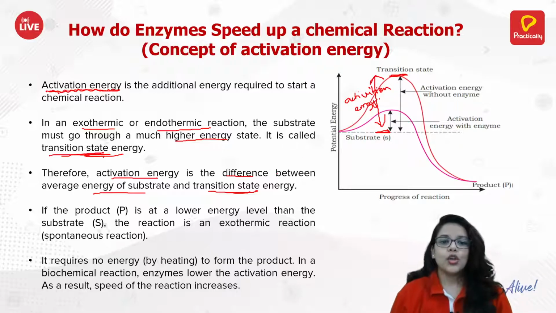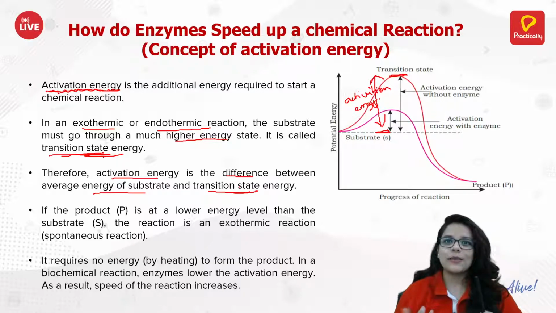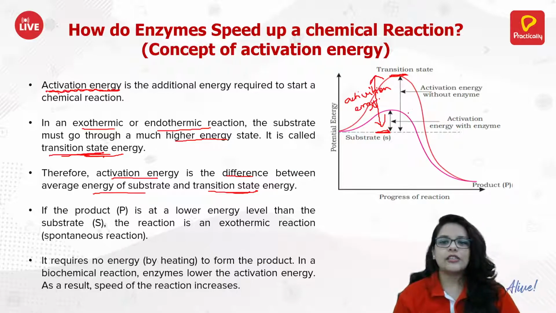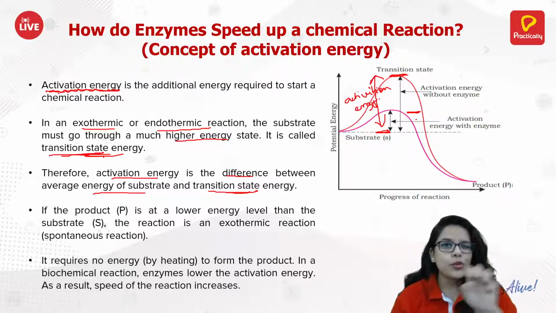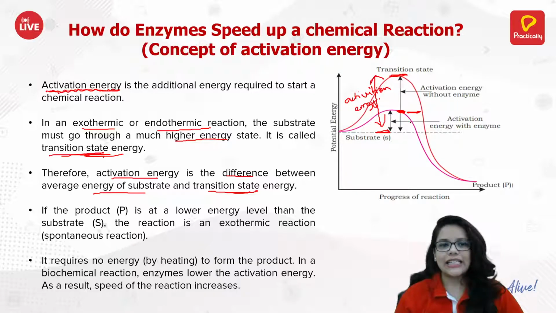So what do the enzymes do? That motivation is given by the enzymes, and the reaction does not require a lot of activation energy, because the enzyme is pushing it a bit more. It requires a lesser amount of activation energy.